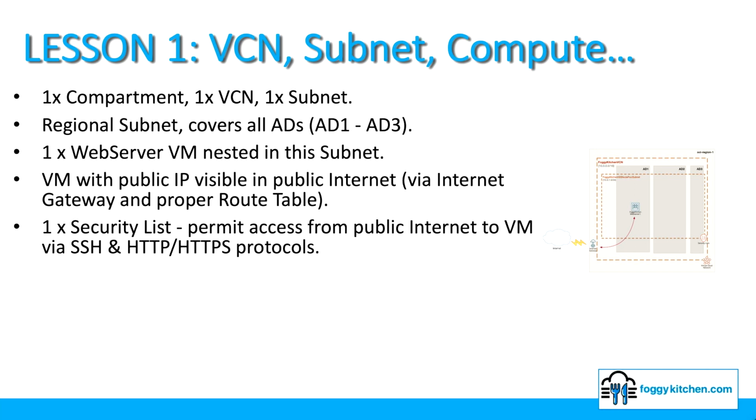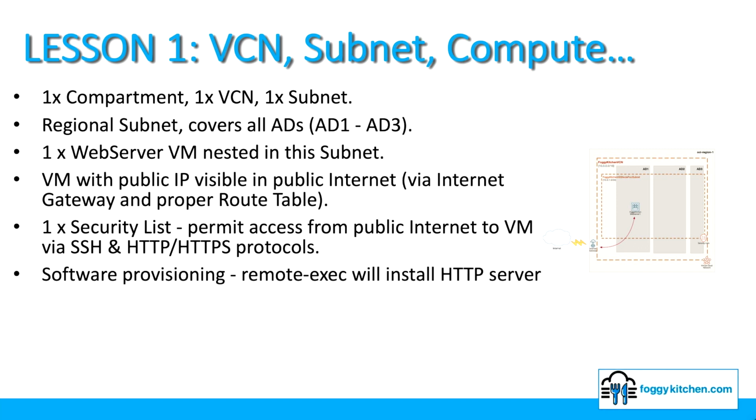After this deployment, one essential security list will be implemented, and this security list will permit access from the public internet to VM via protocol SSH port 22 and protocol HTTP and HTTPS on ports 80 and 443. Then we will utilize something which is called null resource and remote-exec capability of Terraform.